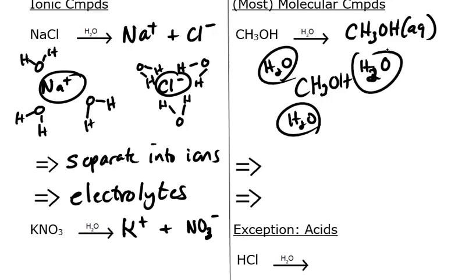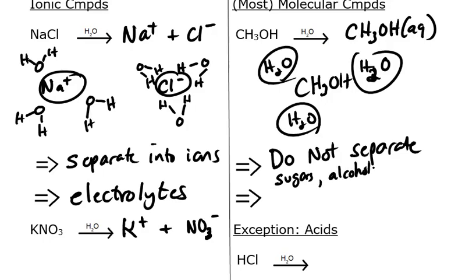It doesn't separate into anything. Okay, so they do not separate. And examples of those are sugars. Sugars don't separate, like glucose or sucrose. Also alcohols. Another example that's commonly used is urea. And so these are non-electrolytes.